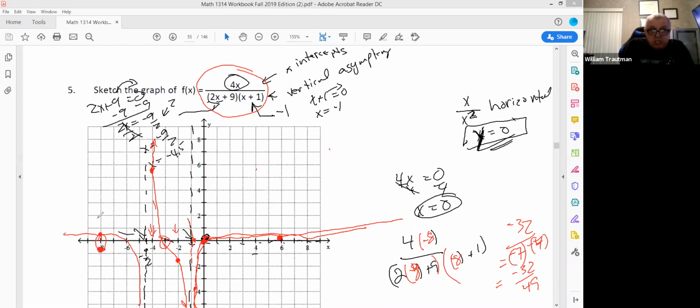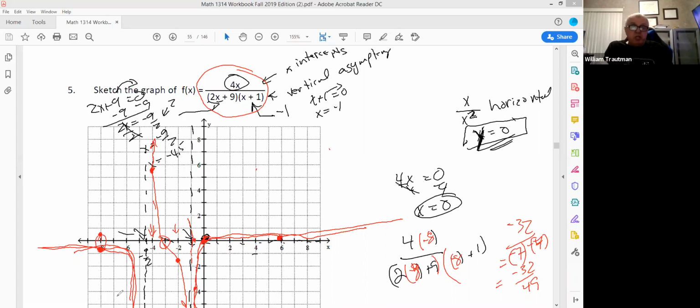And if you look, my graph more than likely would be like this, but then it's going to get closer and closer to that asymptote. All right, so that's what the graph looked like.